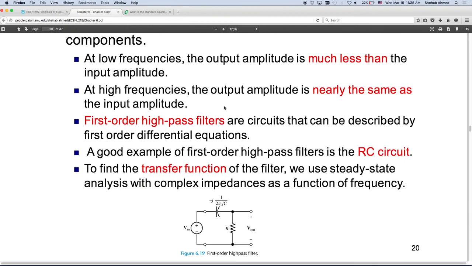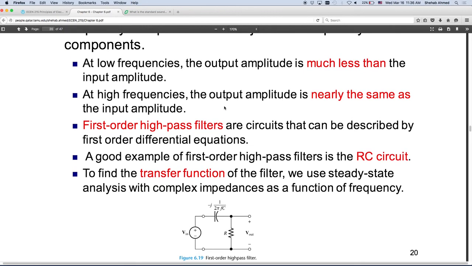If you design a high-pass filter, one version of it can be this circuit here. Remember, what does the capacitor look like for high frequency? Or what does the capacitor look like at steady state for DC? Remember, the impedance of the capacitor is 1 over j omega c, right?